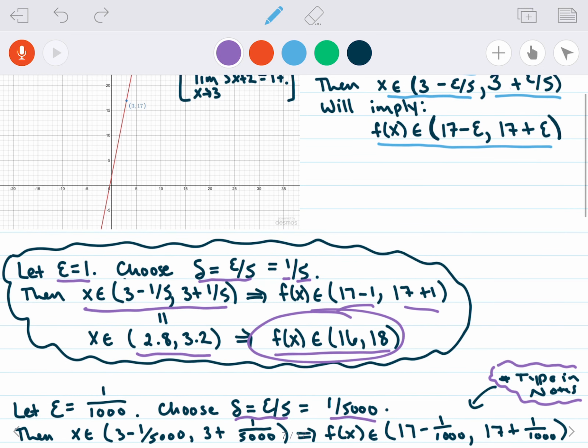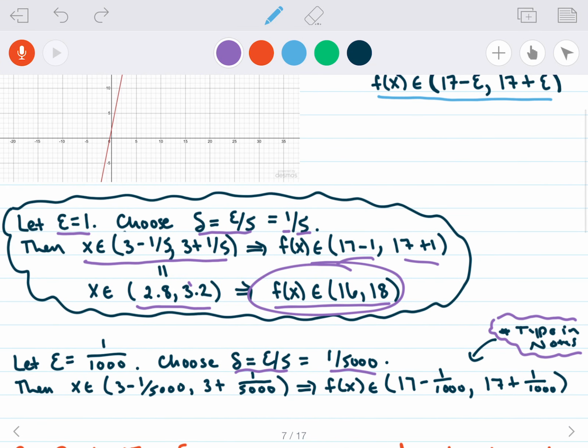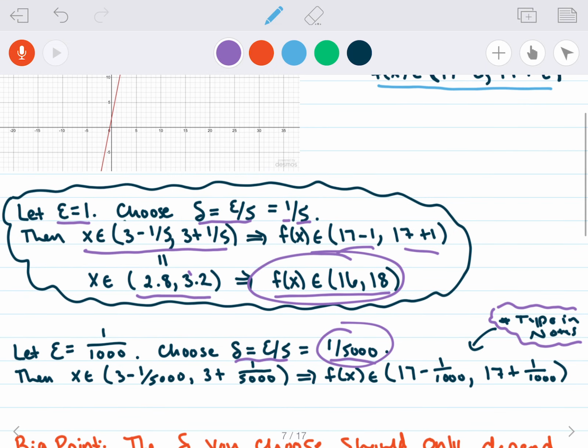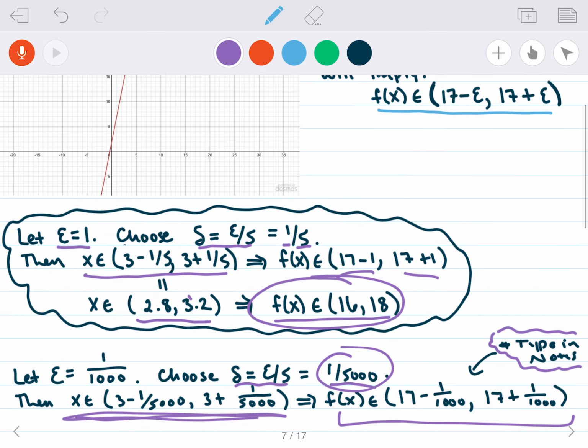If I were to choose the same delta neighborhood, I would have some values outside of what I want; they're not all going to fall in this epsilon neighborhood. So I choose delta equals epsilon over 5, which is 1 over 5,000. And this is always going to imply that when x is in this neighborhood, I'm going to have f of x in this neighborhood. Again, the smaller the epsilon is, the smaller you need to make your delta.